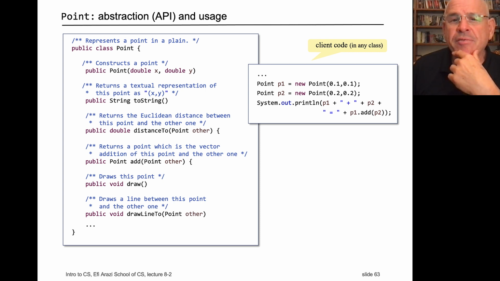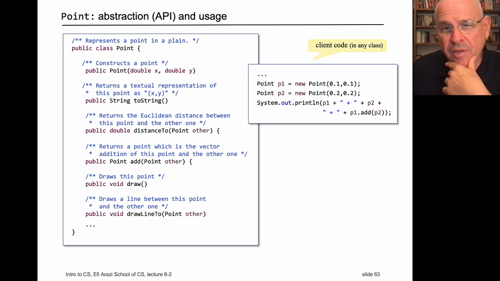Here's some examples of client code. We create 2 points, and then we say P3 equals P1 dot add P2, right? We apply, or here's another nice word in English, we invoke the add method on the P1 object. So to invoke a method is like calling a method.